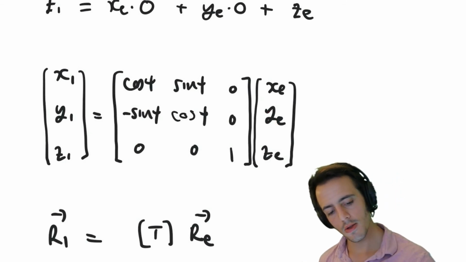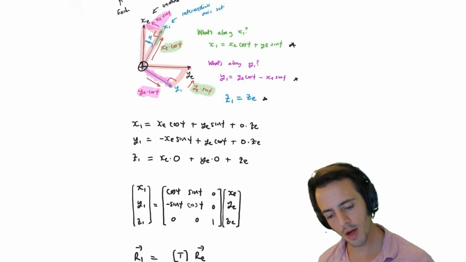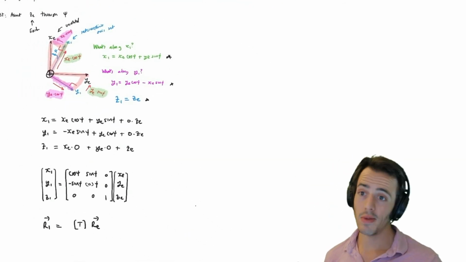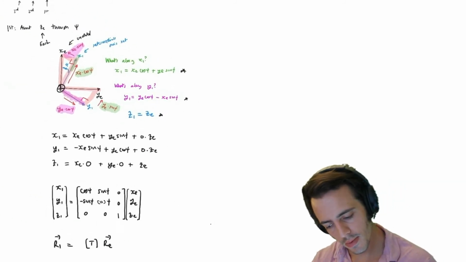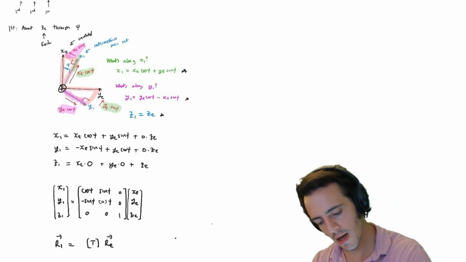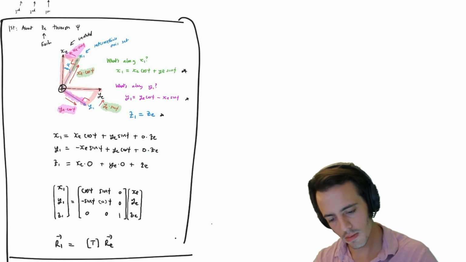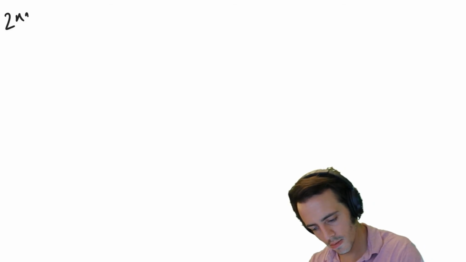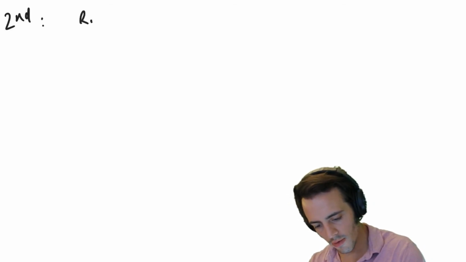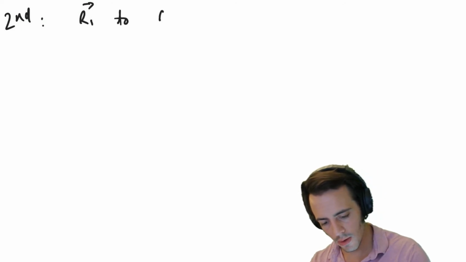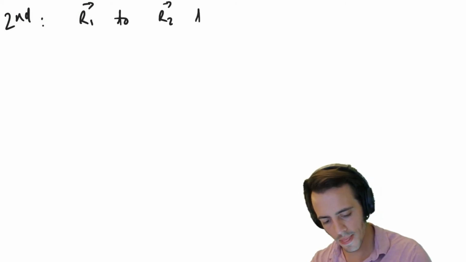Okay, so let's do one more, and I'm going to rush through this a little bit. So let's go through our second rotation. Second rotation is the pitch one. So that's our first rotation. Let's box this off. So we're going from our intermediate axis set 1 to some other intermediate axis set through pitch.